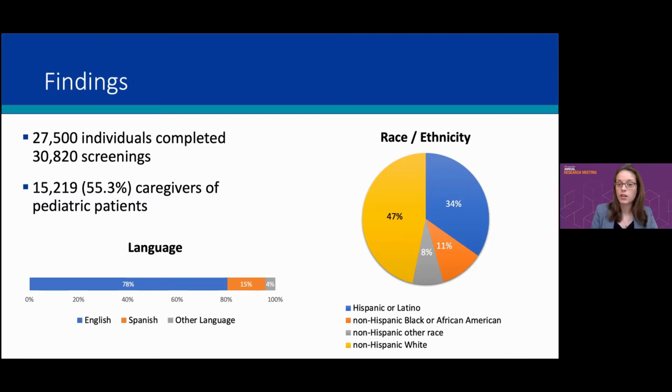So that is what we used in our study to be consistent with how patients self-identified at the time of registration. And in our study population, 34% of patients identified as Hispanic or Latino, 11% as non-Hispanic, Black, or African American, 47% as non-Hispanic white, and then 8% as non-Hispanic and the race category other.